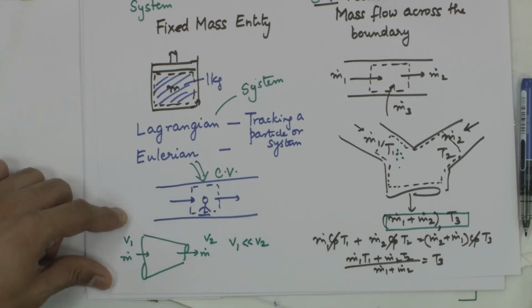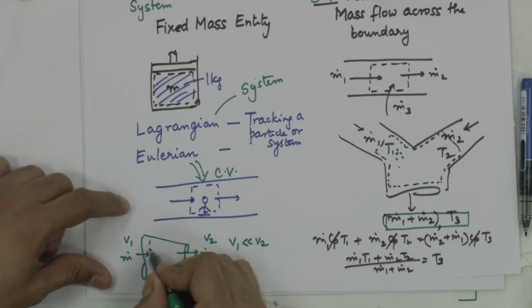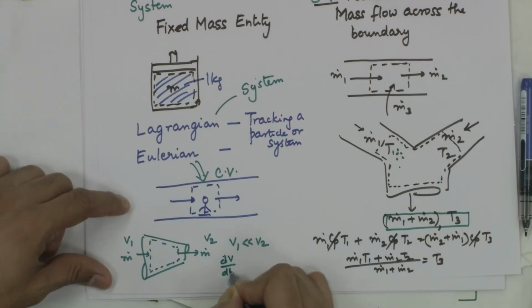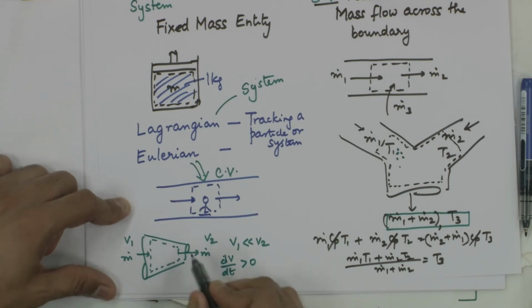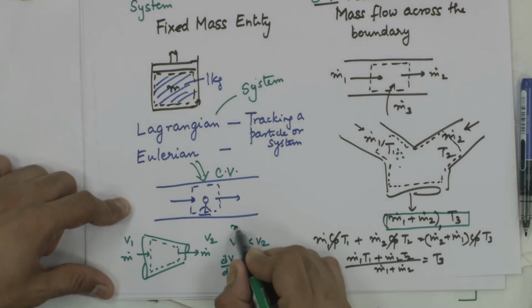Flow is accelerating, it is steady. Control volume analysis will tell me that dV by dt is greater than 0. We all know this from common sense, but mass flow rate is pretty much, because it is steady state, there is no change in the mass flow rate.